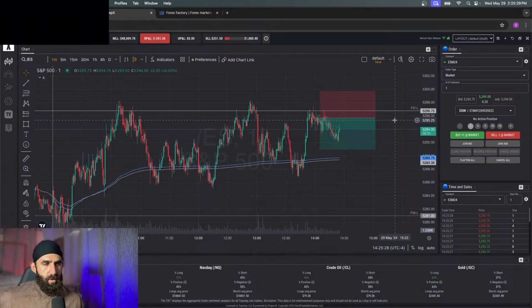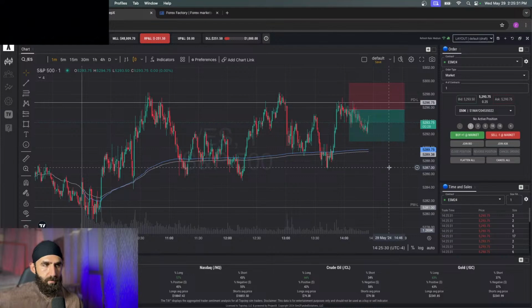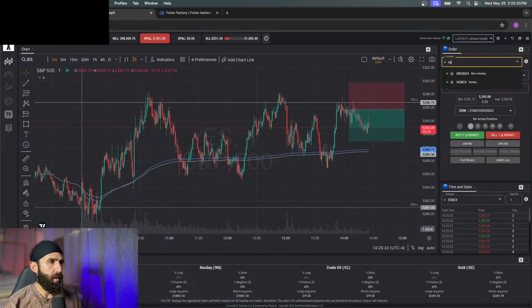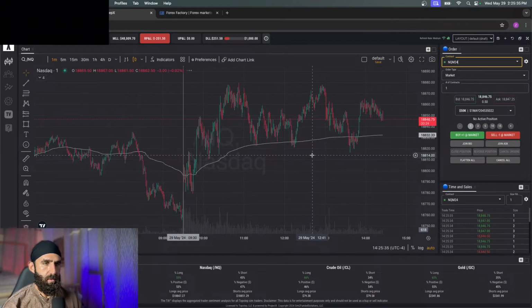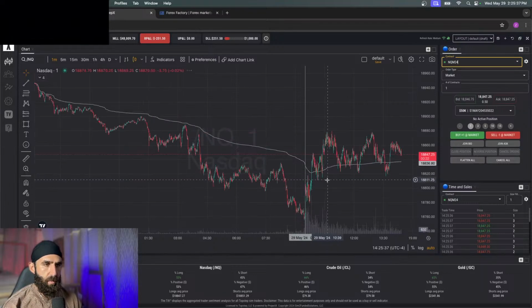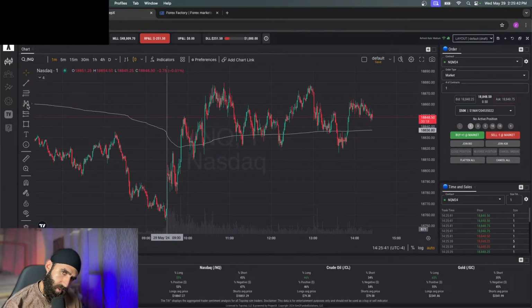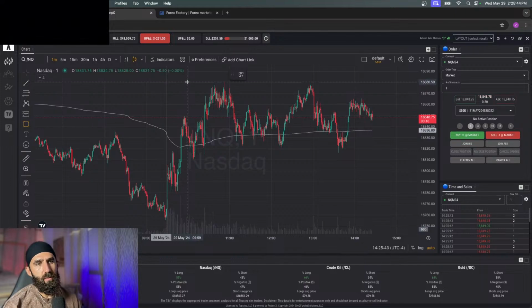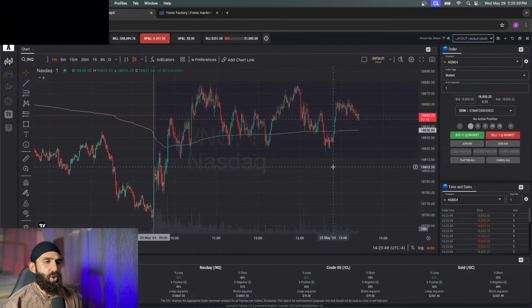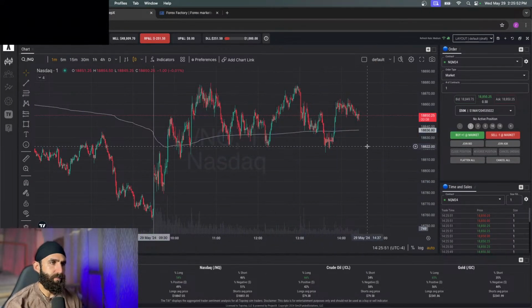Yeah, slow moving market, man. Slow moving market. Let's look at NQ. Yeah, kind of choppy as well, man. Here's what I'm looking at on NQ. Rangy market.